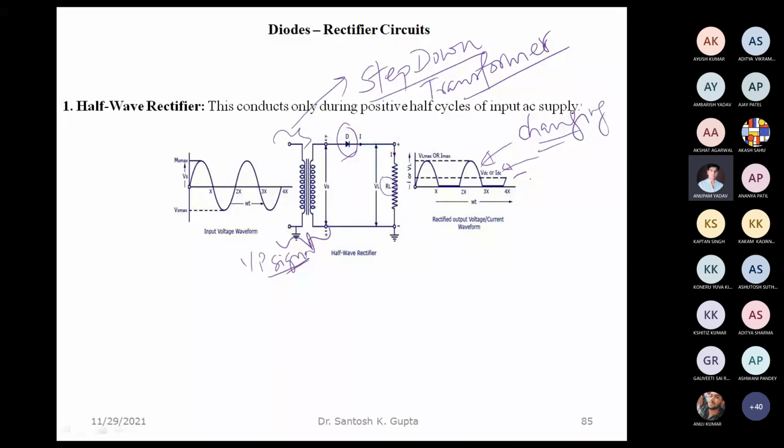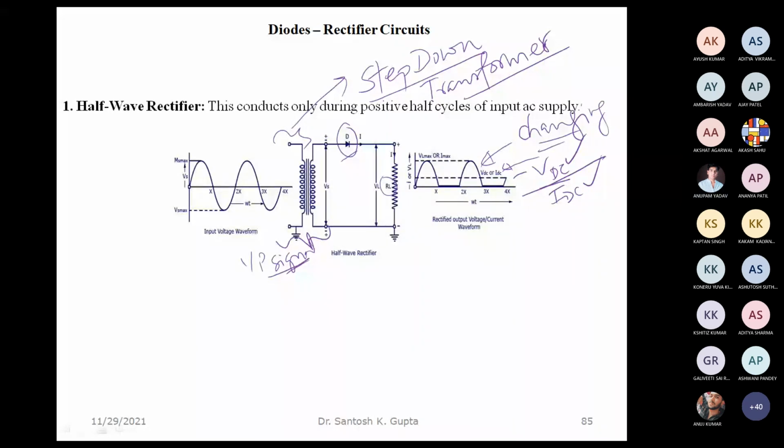We call that average non-zero value VDC if it is a voltage signal, or IDC if it is a current signal. Depending on this, we can have an average non-zero voltage or current. So that's what we try to have here.